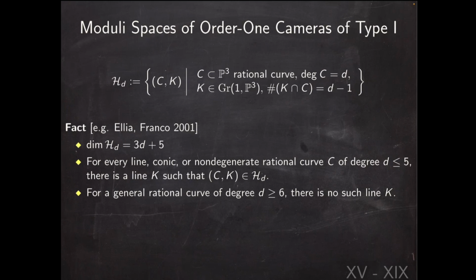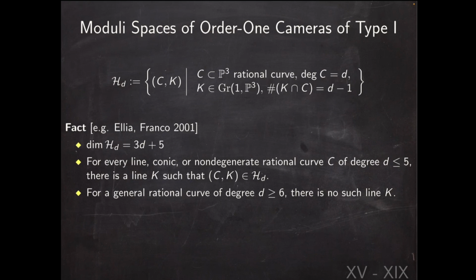And for curves of degree starting from 6, for general such curves, there is no such line. This last bullet point just follows easily from a dimension argument. If you believe that the dimension is 3D plus 5, but the space of rational curves has dimension 4D, then there is a dimension difference starting from 6 simply.